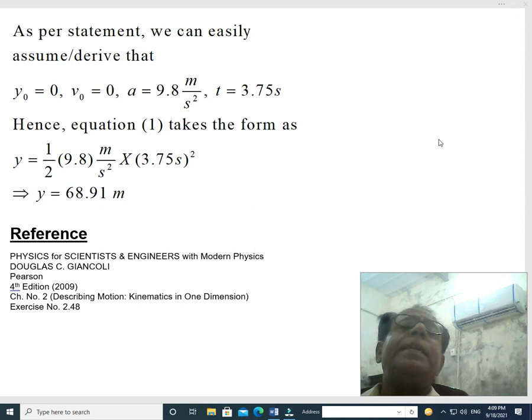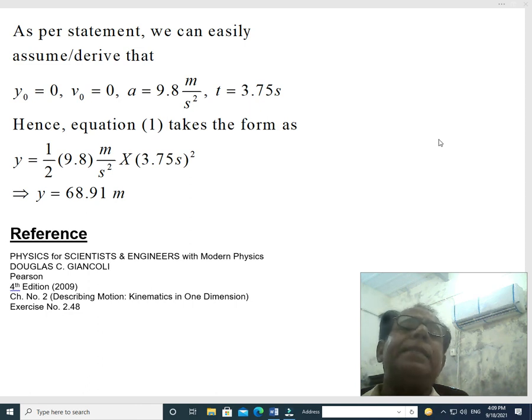It will be squared, so second square in the numerator will be cancelled with second square in the denominator. Both will be cancelled out and we will get our result, that is the required height, y equal to 68.91 meter.